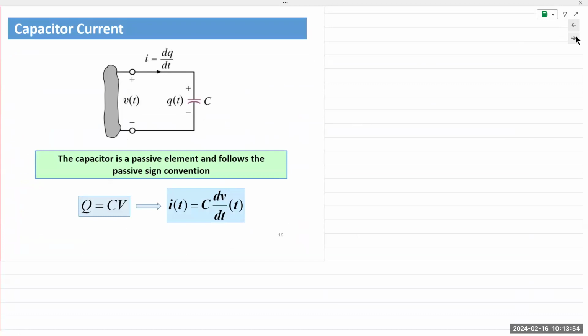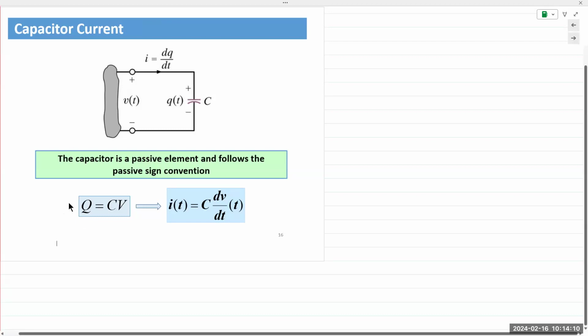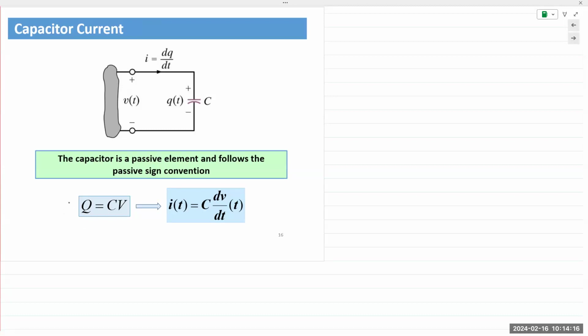So we established that the capacitor is basically storing energy, right? The name capacitor itself comes from its capacity to store energy. And so Q equals CV is an equation we saw a couple of slides ago. If you take the derivative dq over dt, the change with respect to time, this is nothing but current.